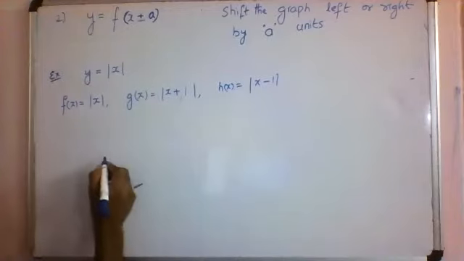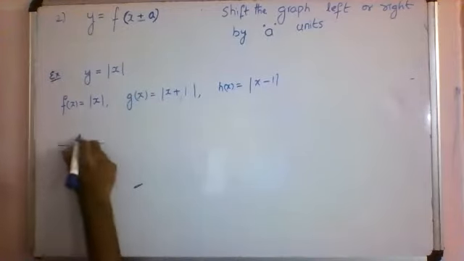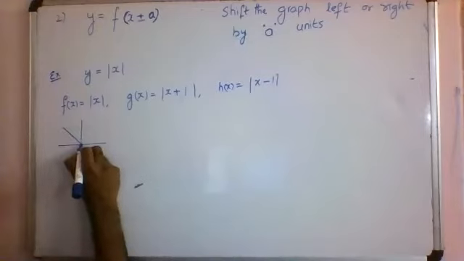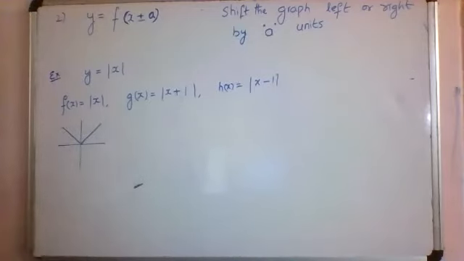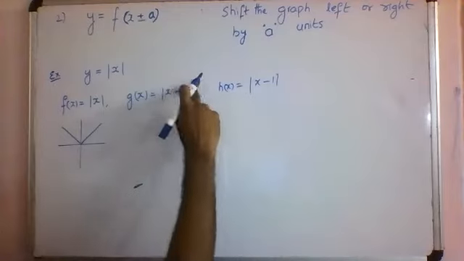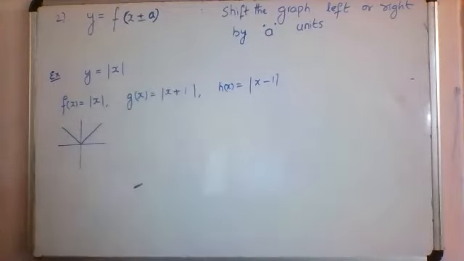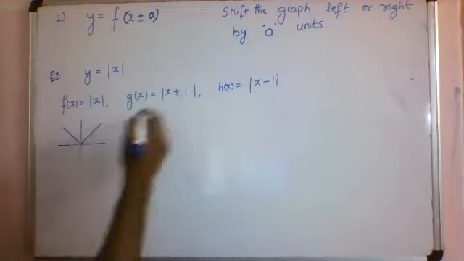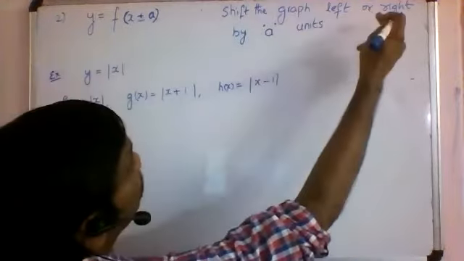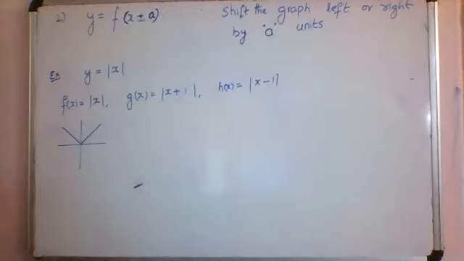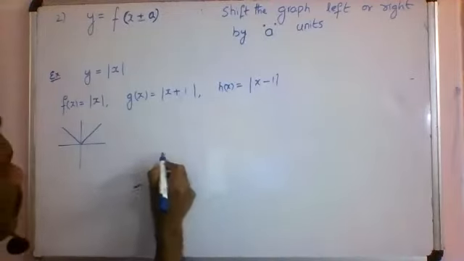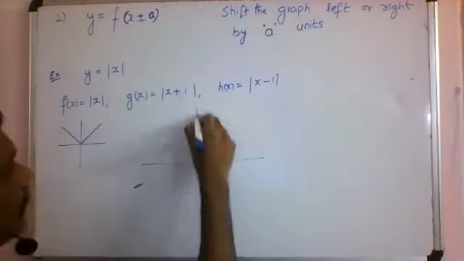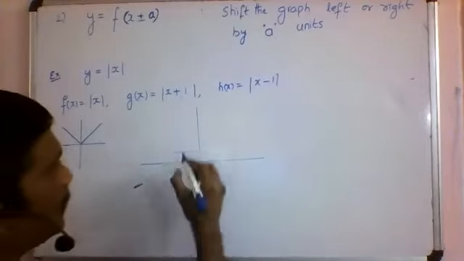Now look here. You know the basic graph is like this, mod x for this one. And for this one, y, g of x is mod of x plus 1. What I said, if plus 1 comes, shift the graph towards left first, right? This is the basic graph first of all.